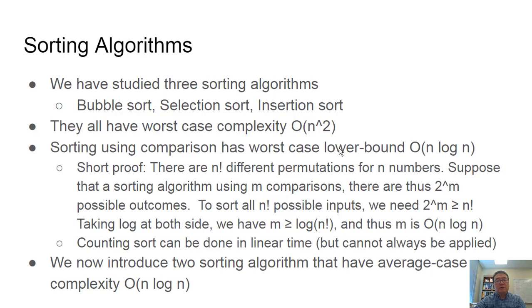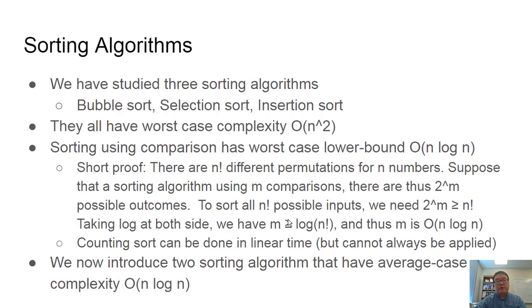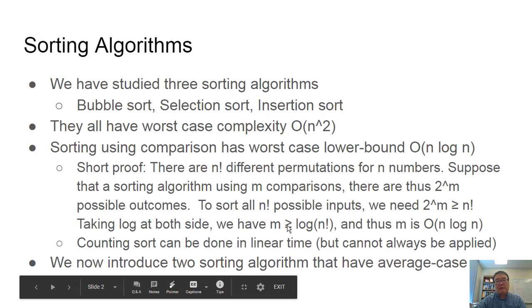Therefore, in order to sort all the n factorial possible inputs, the number of possible outcomes has to be at least as large as the number of possible inputs. In other words, 2 to the m has to be greater than or equal to n factorial. If we take the base 2 log on both sides, then m has to be greater than or equal to log of n factorial.